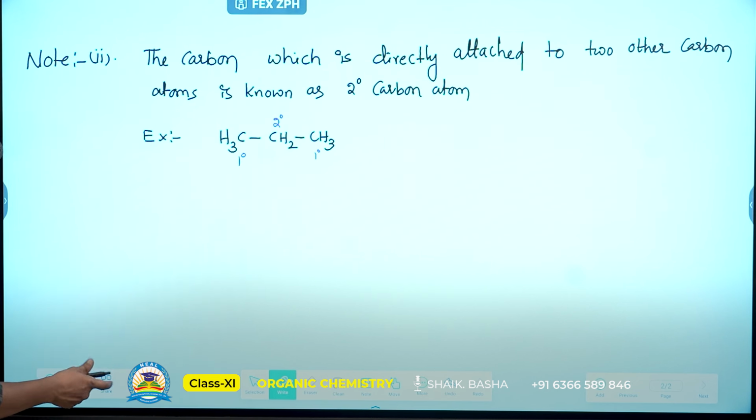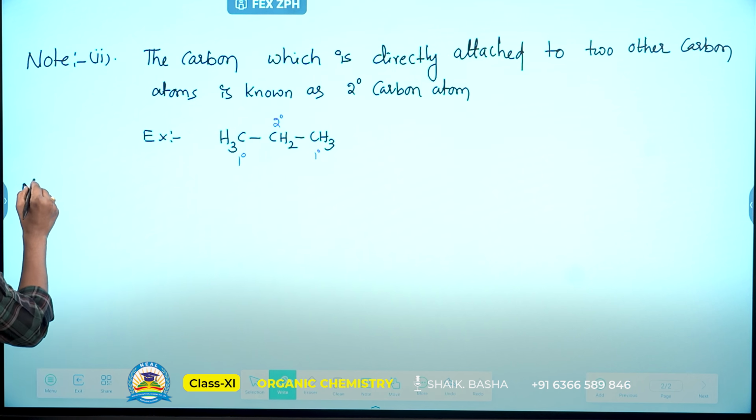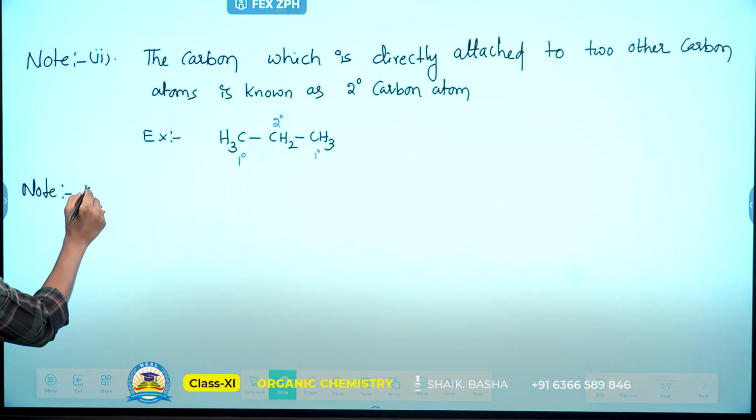Then what is the tertiary carbon atom? Note number 3. I'll give you more examples after the explanation.